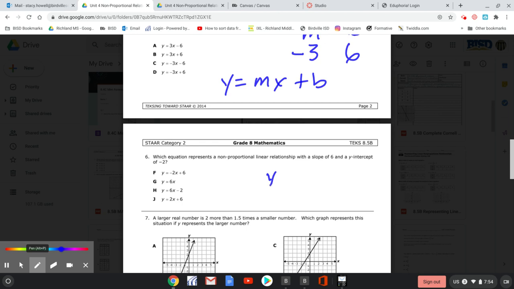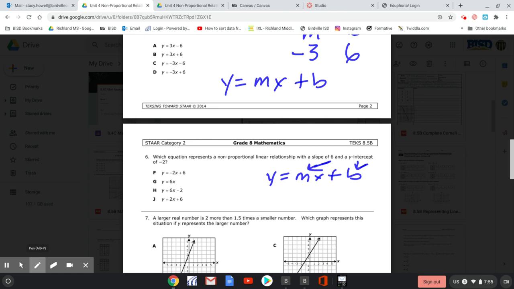So y equals mx plus b, and our slope is our m, and our y-intercept is our b. So we know the slope is 6 and the y-intercept is negative 2. So you should know the answer.